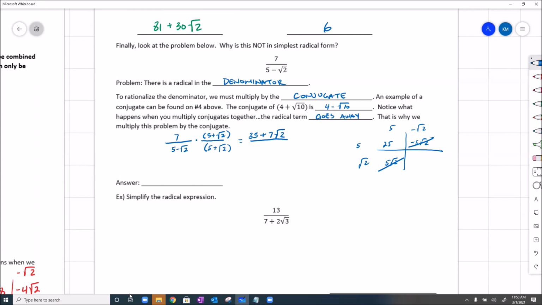I have radical 2 times negative radical 2, which gives me negative radical 4, or just negative 2. So 25 minus 2 gives me 23. And so then our final answer is 35 plus 7 radical 2 over 23. Okay.